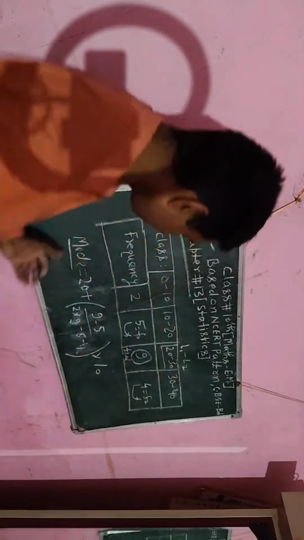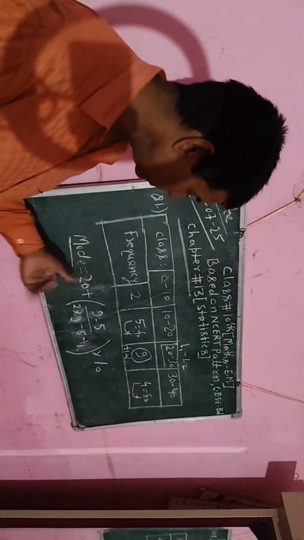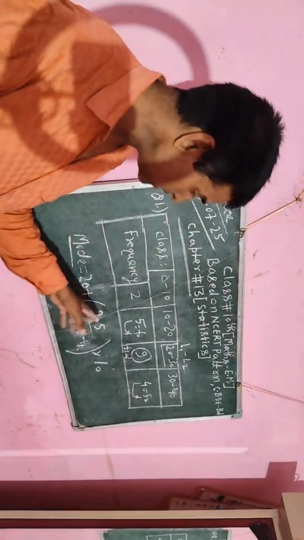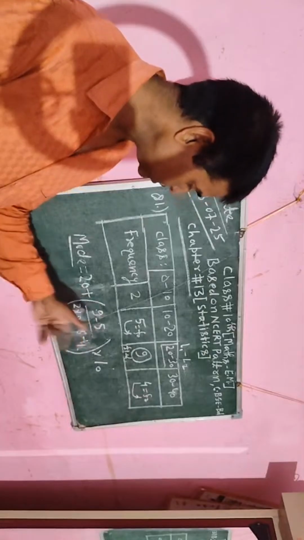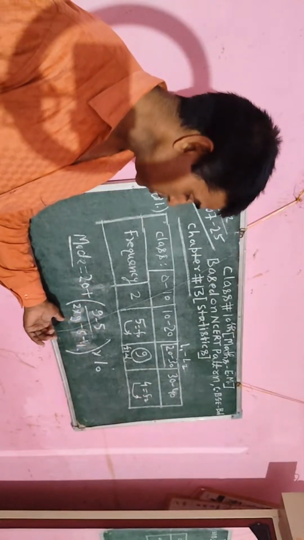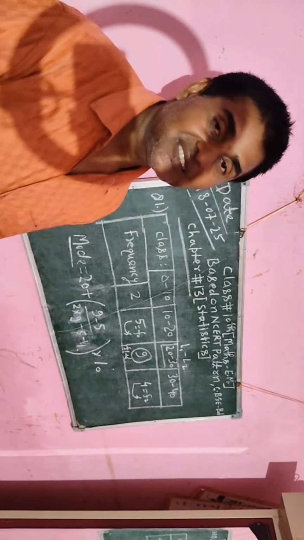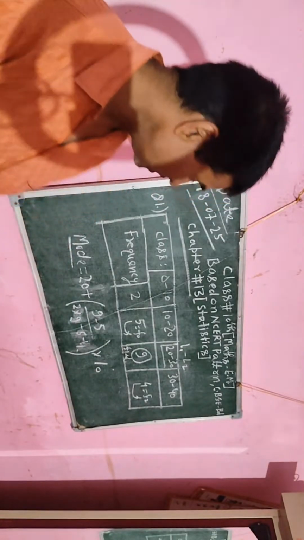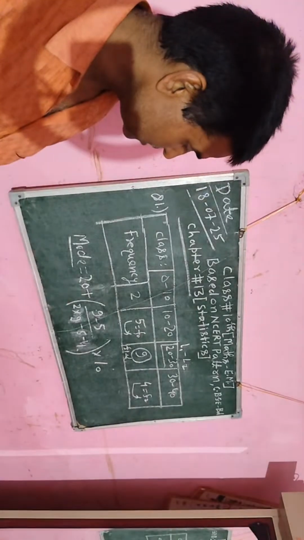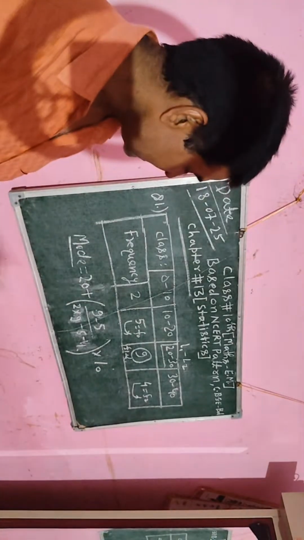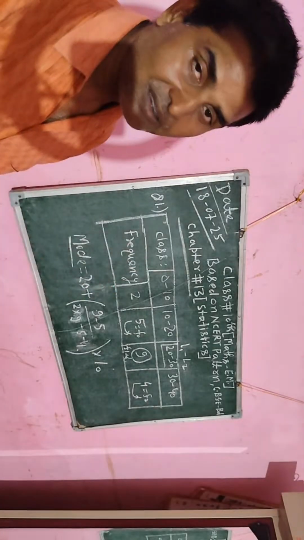So in the mode formula I have substituted all values: the value of L1, and also f1, f0, f2, and also the value of h that is obtained with the formula L2 minus L1. So I will simplify. After simplifying, I will get a value, and that value will be the mode of the given data.